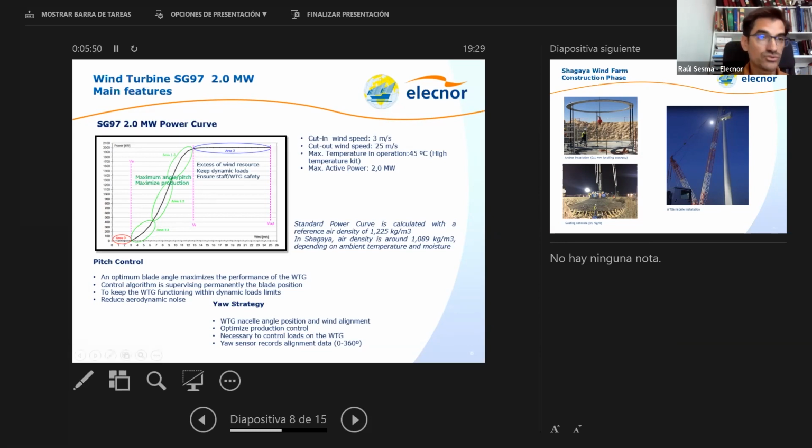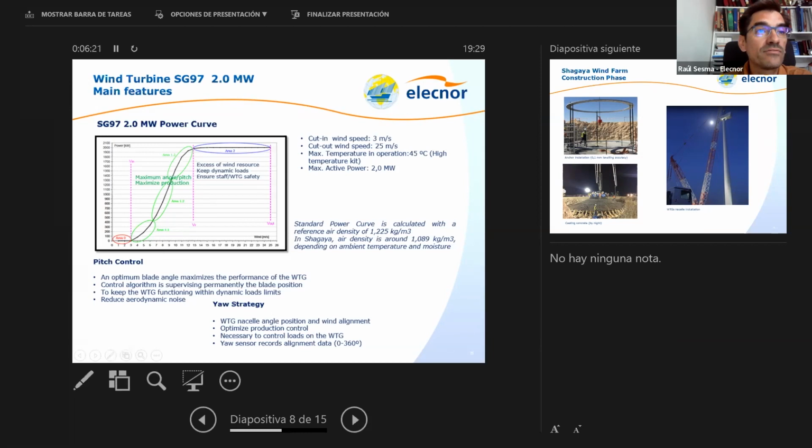This point is most critical in the low wind area. As you can see here, this is the low wind area of the power curve. And this is the ramp where we are increasing the wind speed and we are increasing the active power of the turbine, where we need to maximize the pitch control, which sets the angle of the blades to take as much profit as possible from the wind.